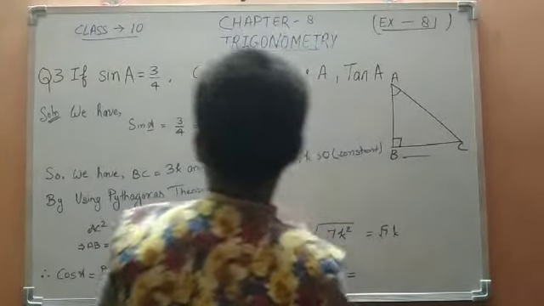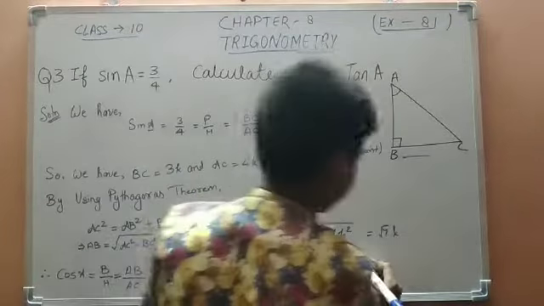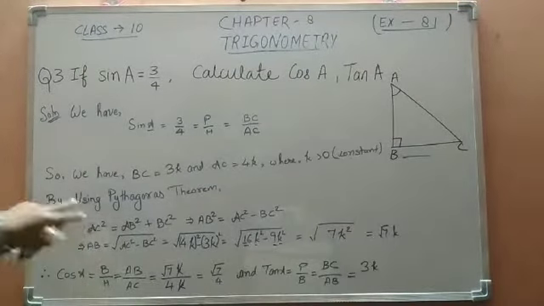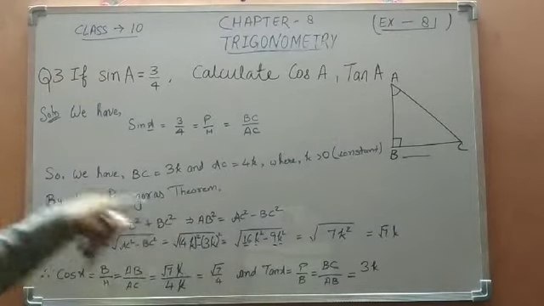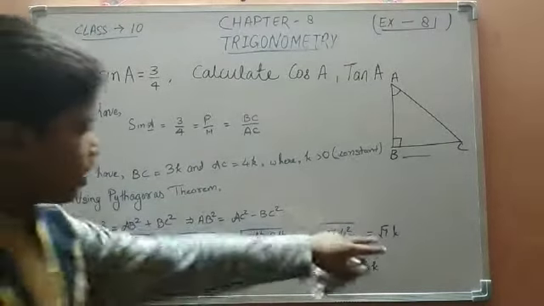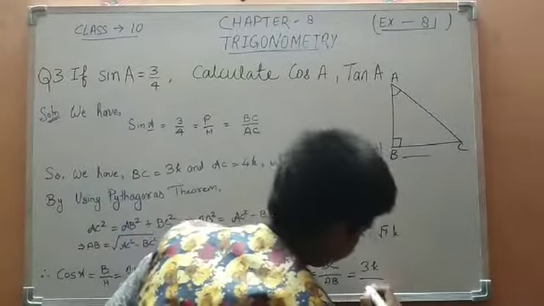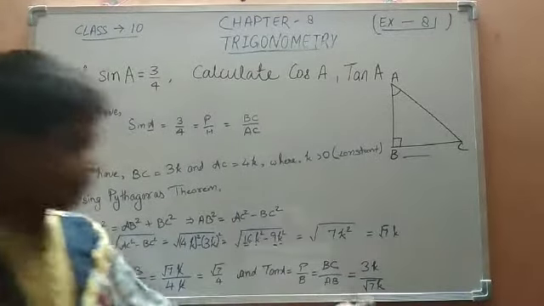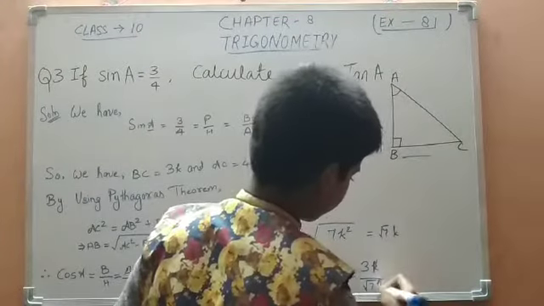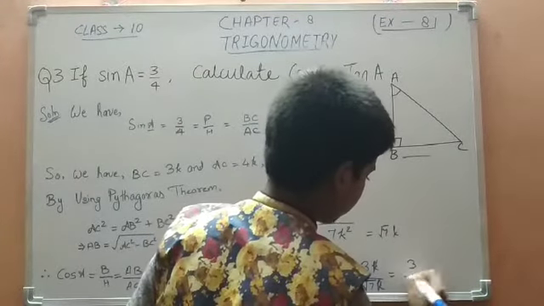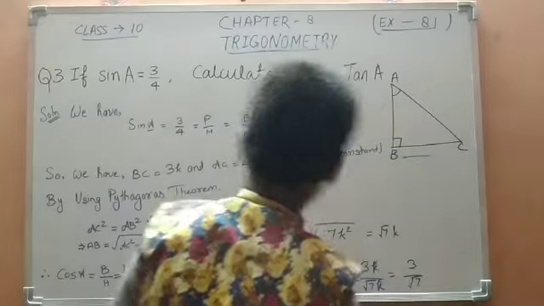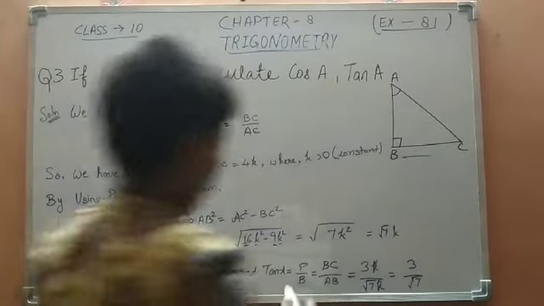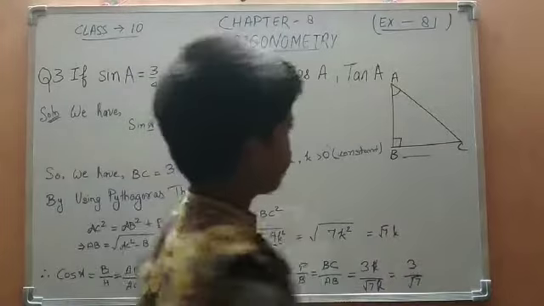The length of BC is 3k, the length of AB is root 7k. k and k cancel out, and it is equal to 3 upon root 7. So we got the answer: cos A is equal to root 7 upon 4 and tan A is equal to 3 upon root 7.